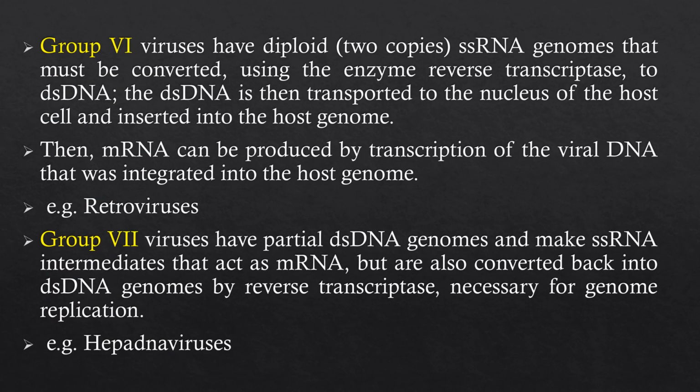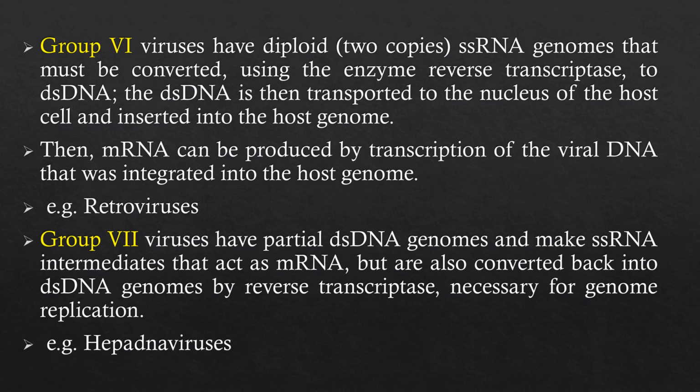Group 6 viruses have diploid single-stranded RNA genomes that must be converted using the enzyme reverse transcriptase to double-stranded DNA. The double-stranded DNA is then transported to the nucleus of the host cell and inserted into the host genome. Then mRNA can be produced by transcription of the viral DNA that was integrated into the host genome.